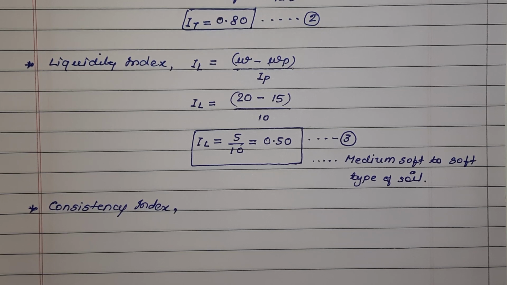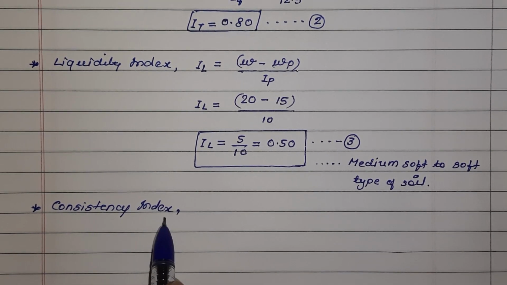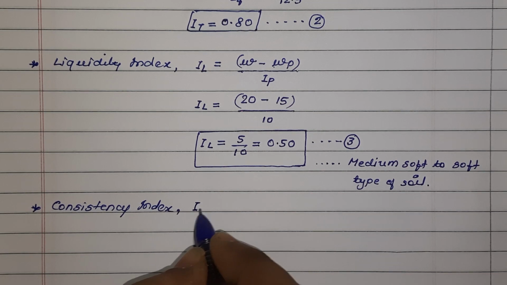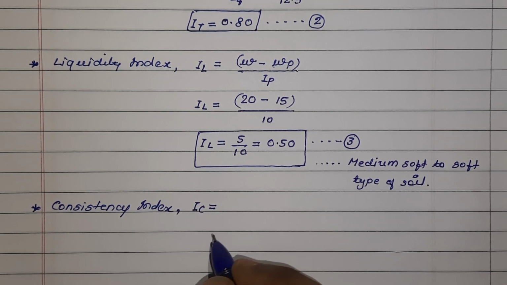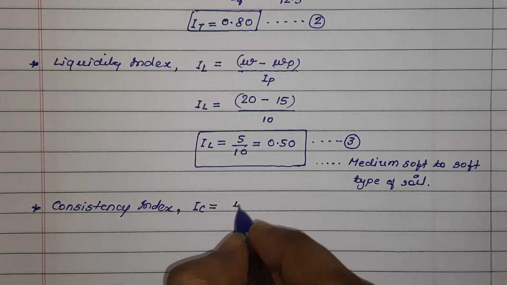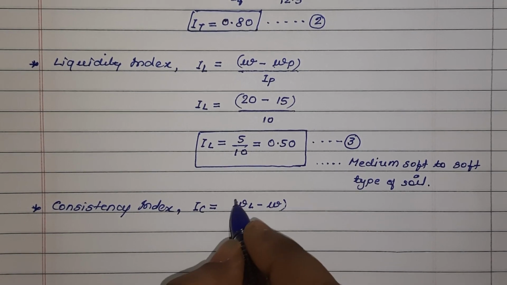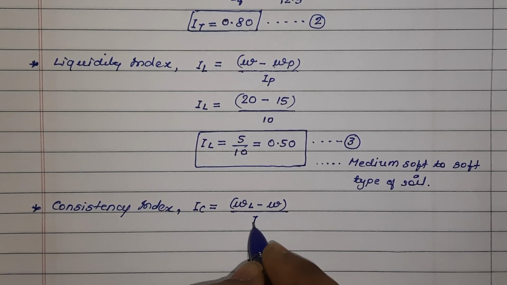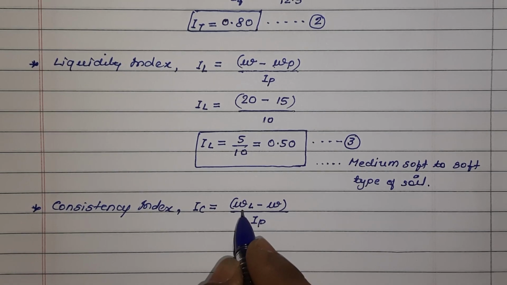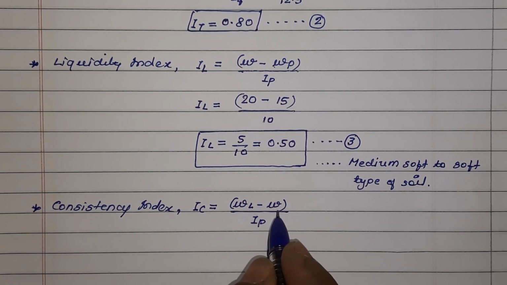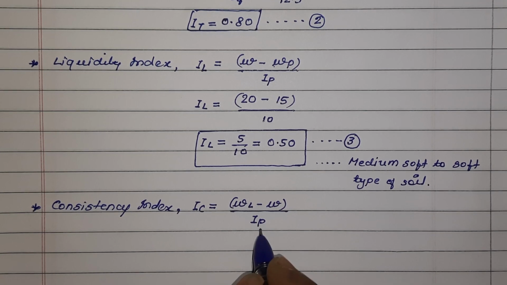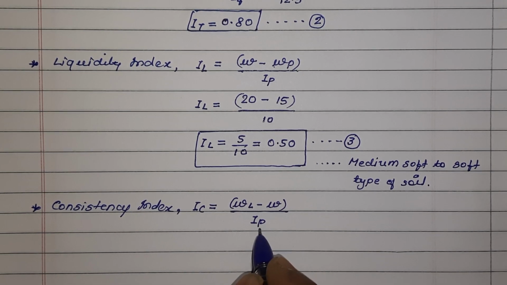The next we will find out consistency index. IC is equal to WL minus W divided by IP, where WL is liquid limit, W is natural moisture content, and IP is plasticity index.